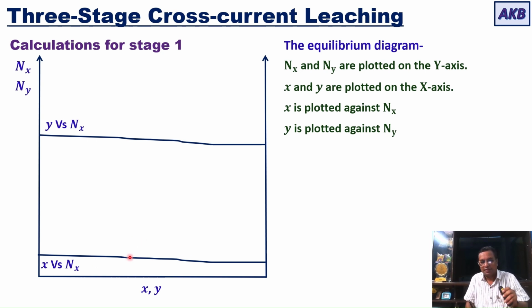But in most cases, the clear solution will not contain any solids in it, and therefore all Nx will be 0 for such clear solution. In that case, the X versus Nx curve will coincide with the x-axis. So you have to remember that most of the time that will be true: the X versus Nx curve will coincide with the x-axis. But for the sake of understanding, I have shown a curve that is lying above the x-axis.